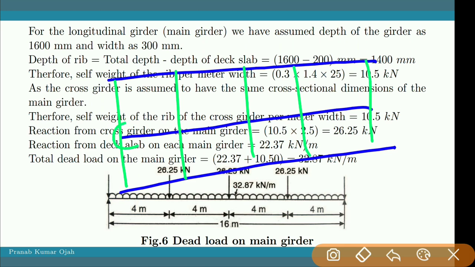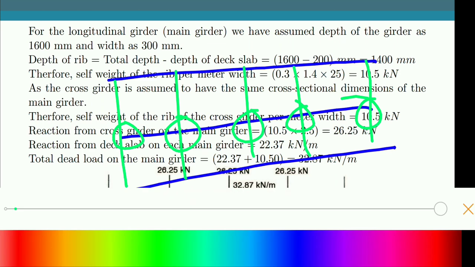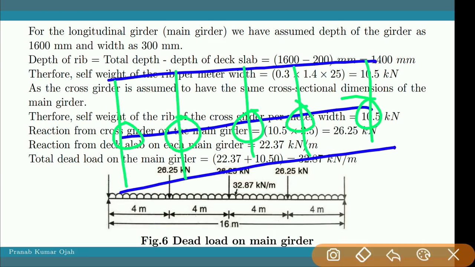So at every joint, the load of the cross girder will act as a point load on the main girder.